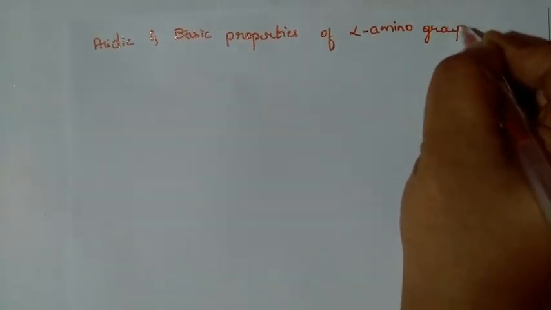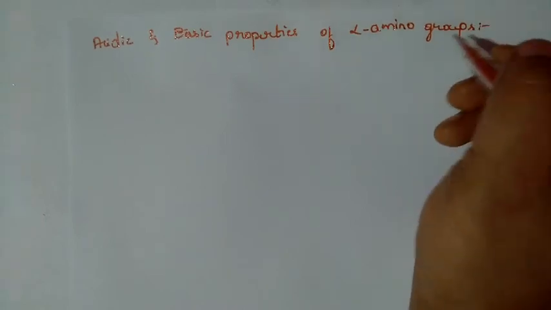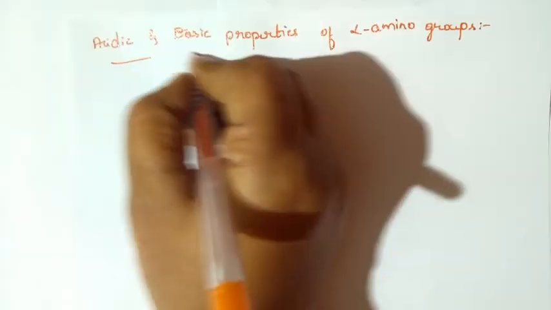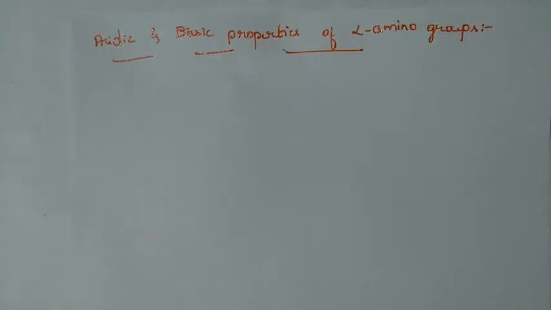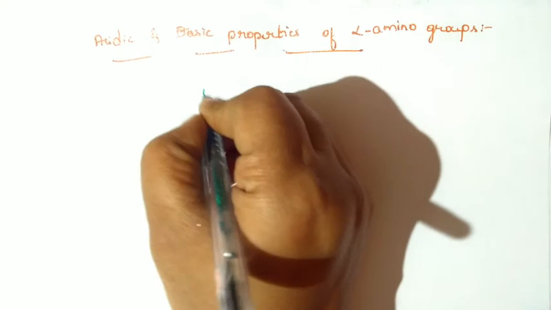Which groups are responsible for the acidic property of the alpha amino acid, and which one is responsible for the basic, we shall see. Don't go with the idea that basic means the NH2 group and acidic means the COOH group, because now we have seen alpha amino acids exist in the Zwitter ion form.